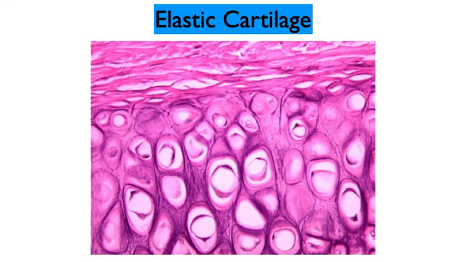A third type of connective tissue you looked at was cartilage. This particular slide happens to be elastic cartilage, and there are a variety of different cartilages, but they typically are found at the ends of bones, covering the ends where bones come together, where they articulate.